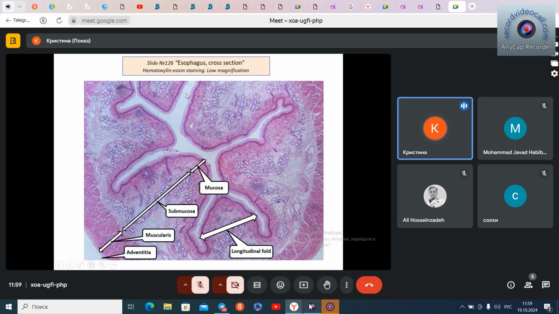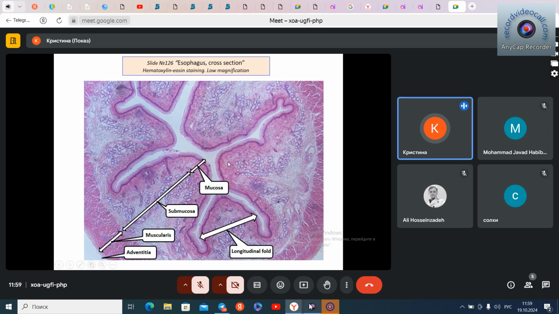So here we see a fold, and another fold here, and another fold here. As you remember, a fold contains both mucosa and submucosa, because both these two layers form this shaped invagination. So we have here four layers, four tunics: mucosa, submucosa, muscularis, and adventitia.